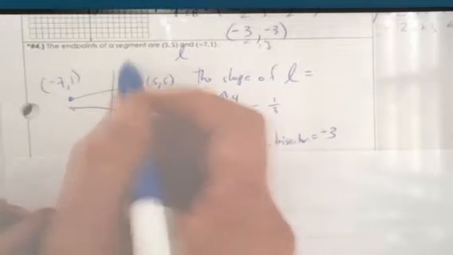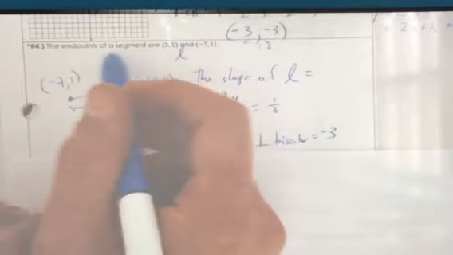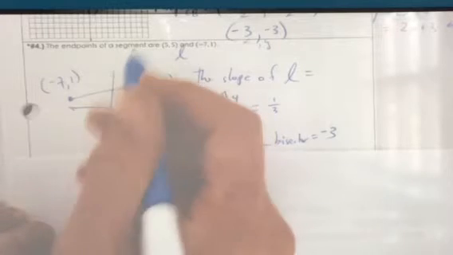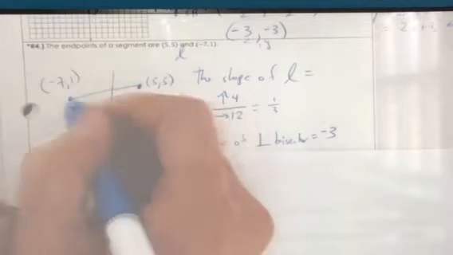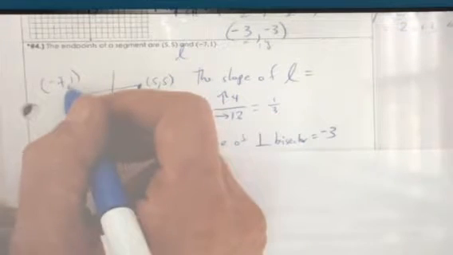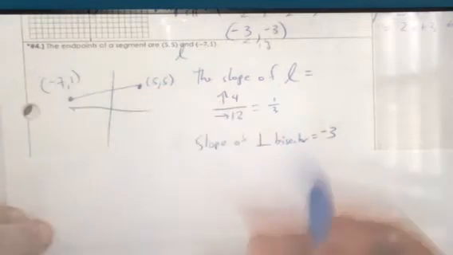Again, we're being asked to do the perpendicular bisector of this, even though in the problem they forgot to ask it. So we gotta find the slope. So this is a move up 4 units, from 1 to 5 up 4, and a move right from negative 7 to 5, so that's right 12 units.